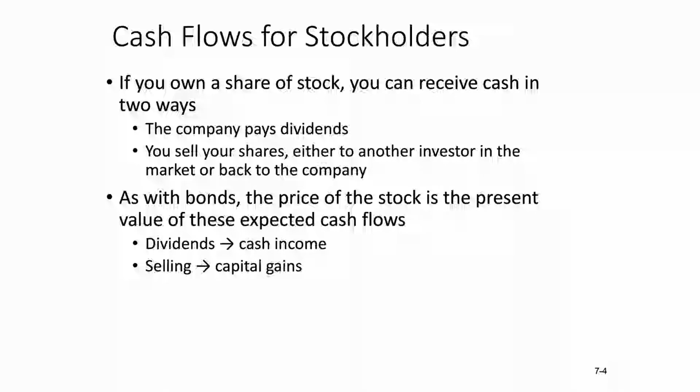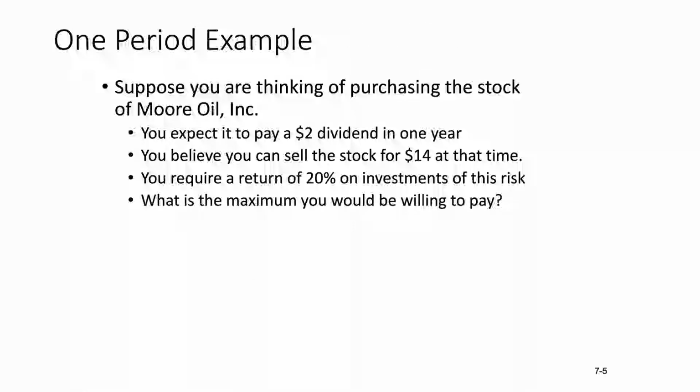On the other hand, if you're selling the stock when the price goes up, you have a capital gain. Now let's look at the one period example. By the way, in this section, we have to rely on mathematical formulas. There is no time value of money we can use. We have to use the math formulas.